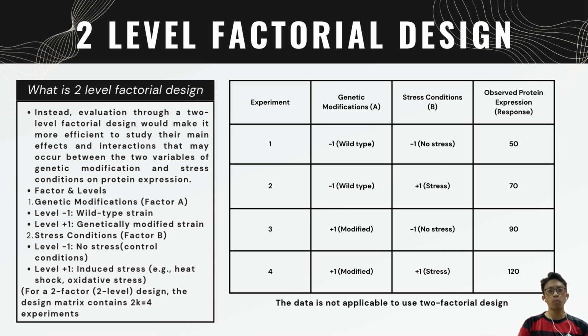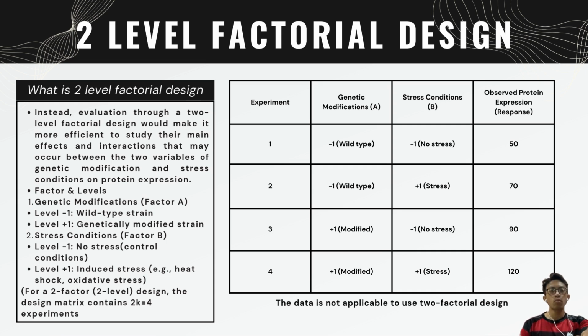And the last one is modified with stress, 120 units. From this, we can calculate the main effect of genetic modification, which is how much protein expression changes between wild type and modified. The main effect of stress is the change due to stress versus no stress.